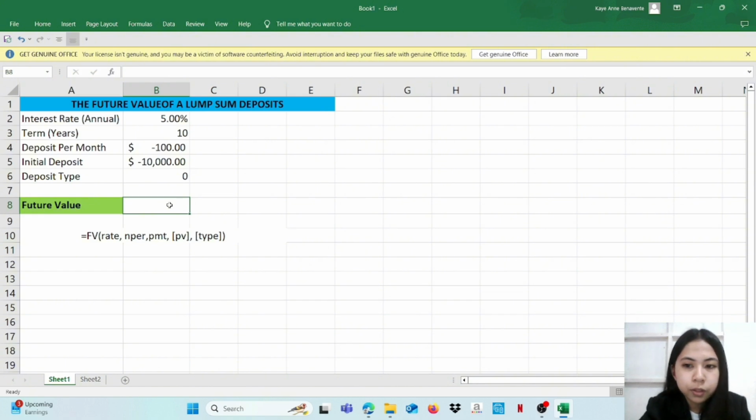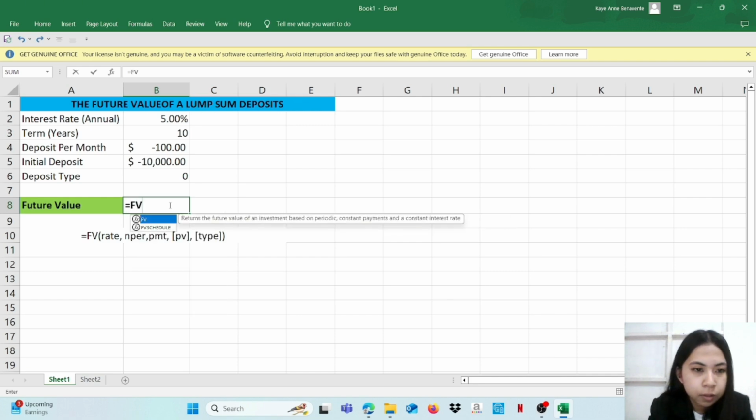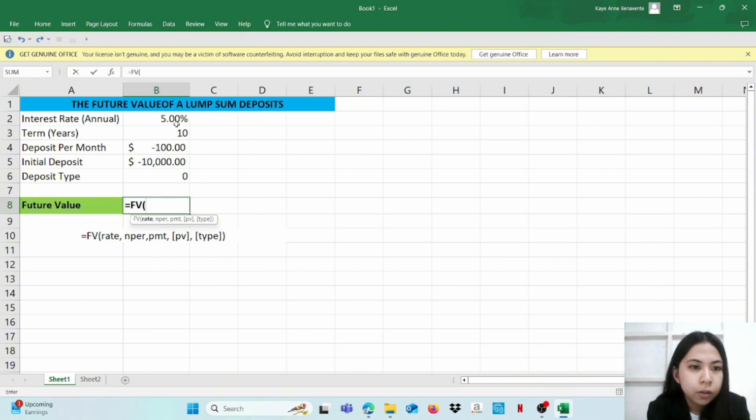So to compute, just type equal, then FV, open parenthesis, then click the rate, which is 5%. Since the deposits are made monthly, we need to convert it to monthly rate.